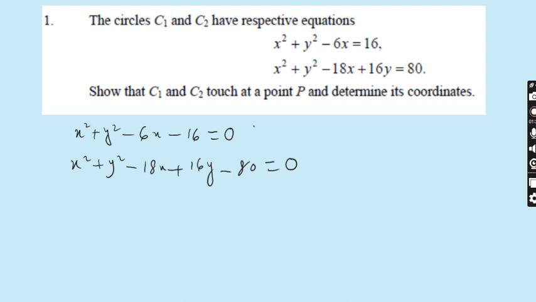Show that circle C1 and circle C2 touch at a point P and determine its coordinates.